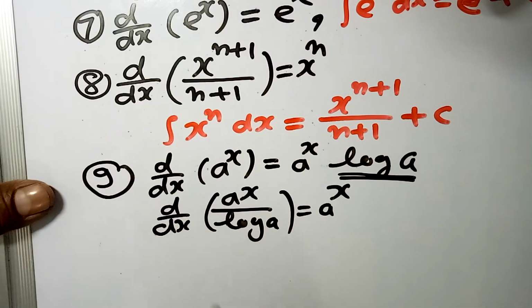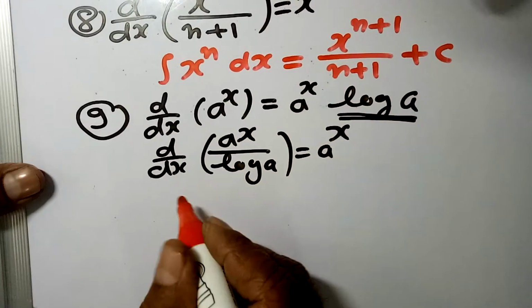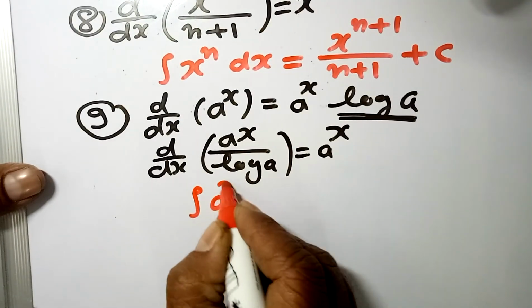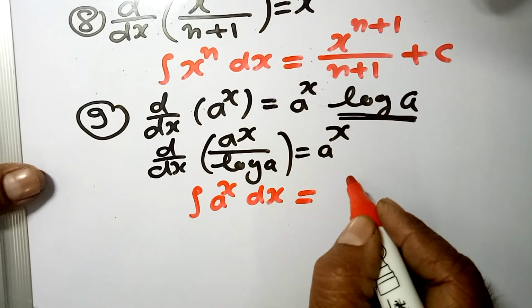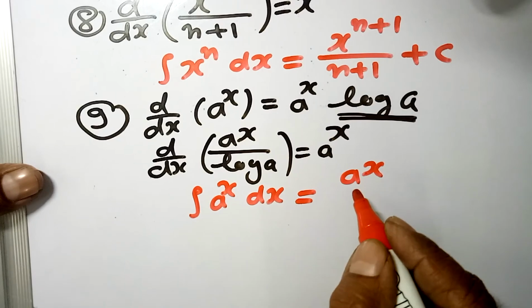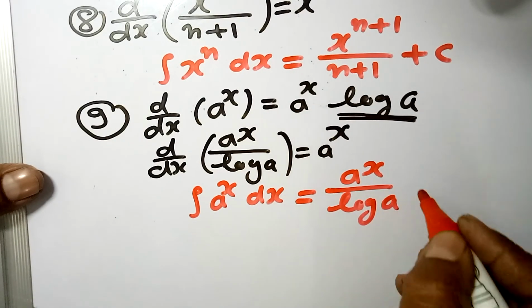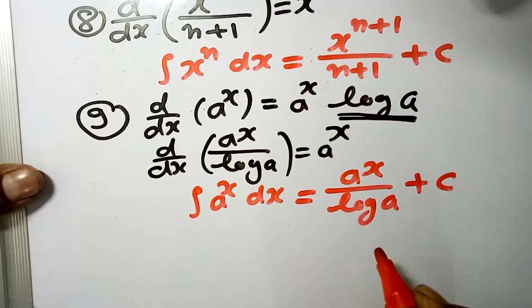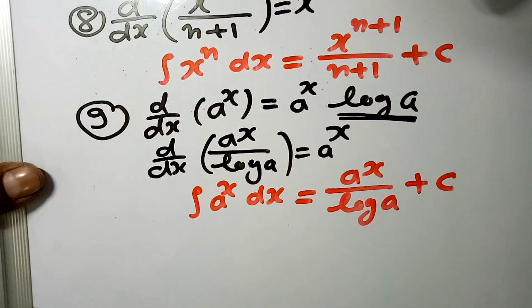Because of this, the integral of a to the power x is defined as a to the power x upon log a plus constant of integration. This a can be replaced by e also if required.